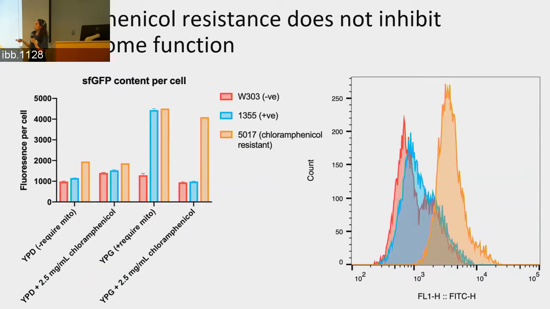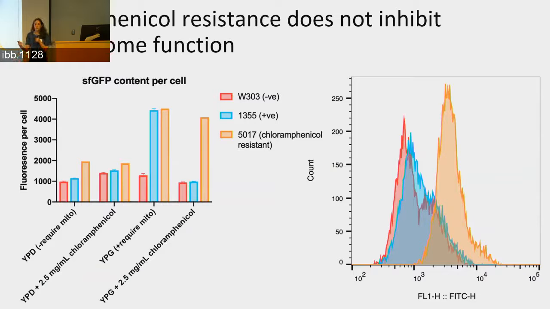So with just YPG, we have very similar levels of fluorescence between the positive strain and the chloramphenicol resistant strain. And then once we move to YPG plus chloramphenicol, only the chloramphenicol resistant strain is fluorescent, and it has a very similar level of fluorescence.